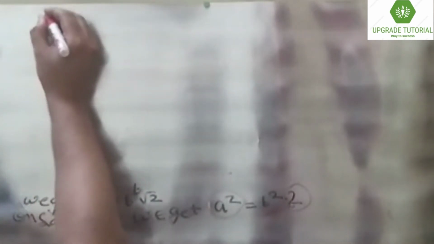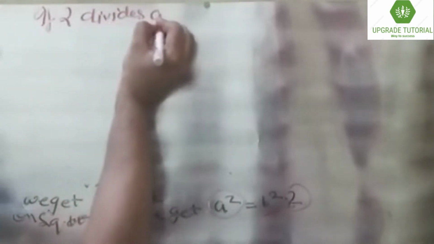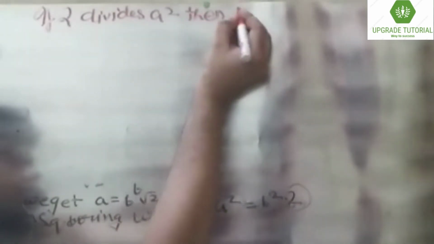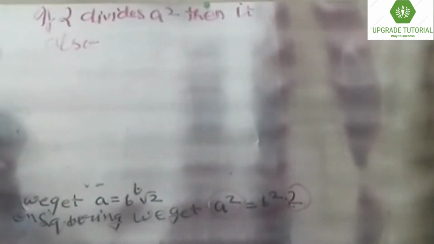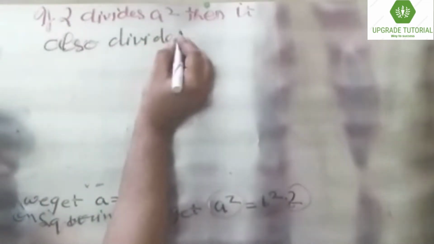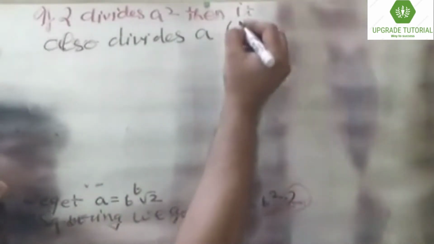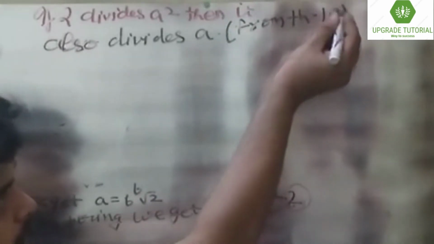Considering theorem 1.3, we can easily say that if 2 divides a square, then it also divides a. This we have read in our theorem 1.3.